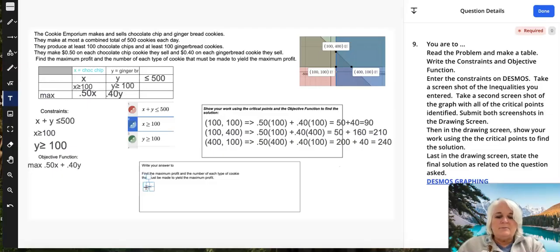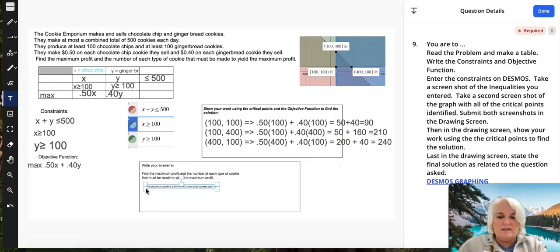The maximum profit is $240 for 400 chocolate chip cookies and 100 gingerbread cookies.